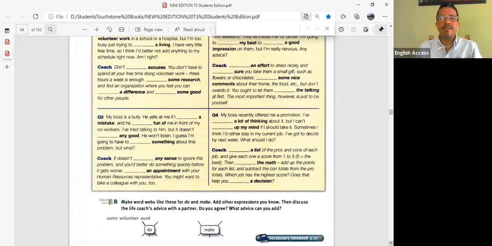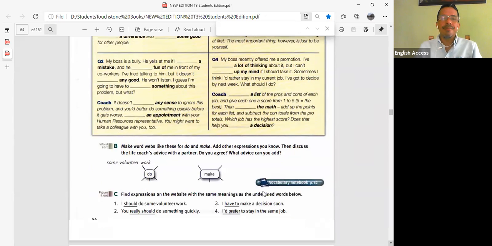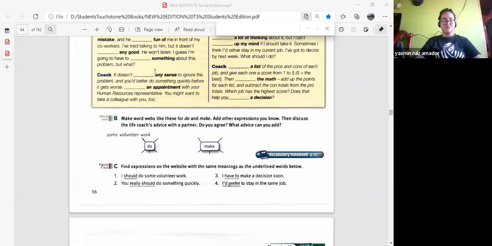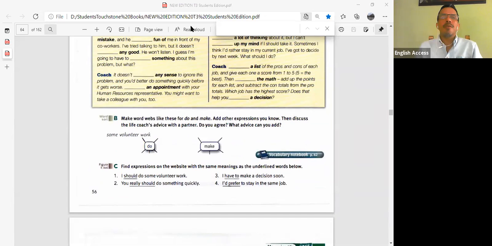So we did this yesterday. We are doing this today. We do and make. But also we are learning some modals. These modals are like should, have to, I prefer.